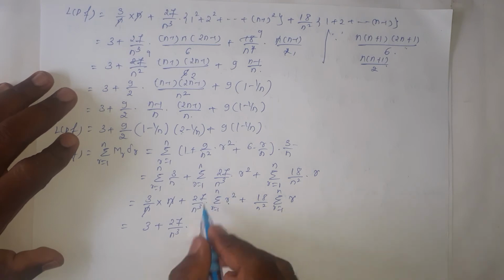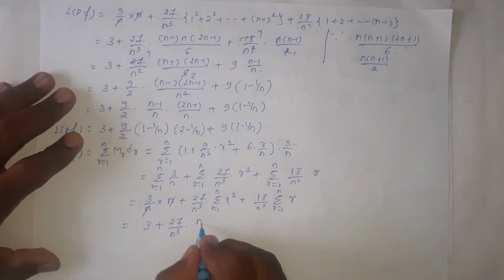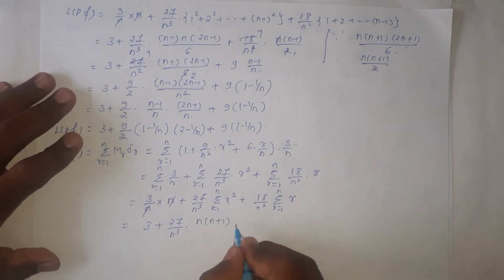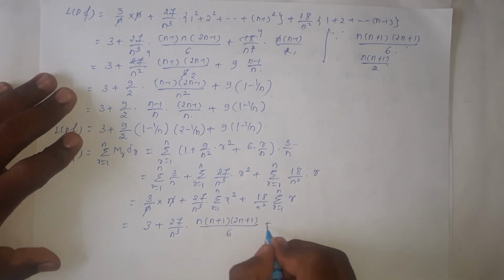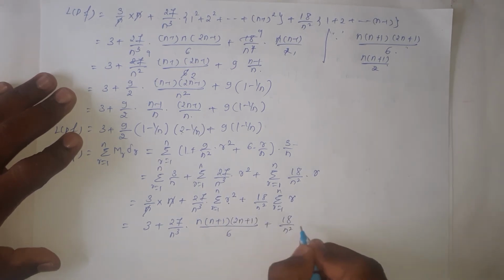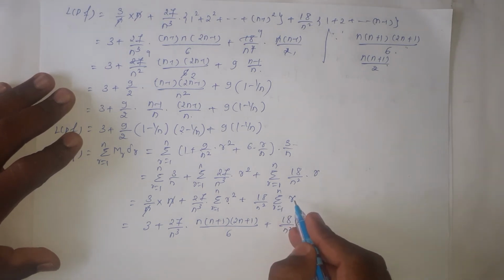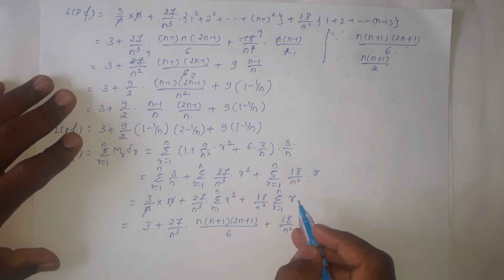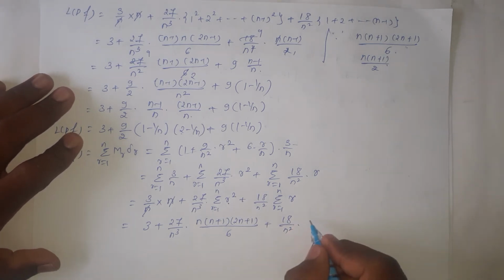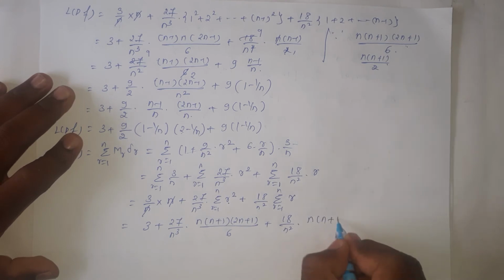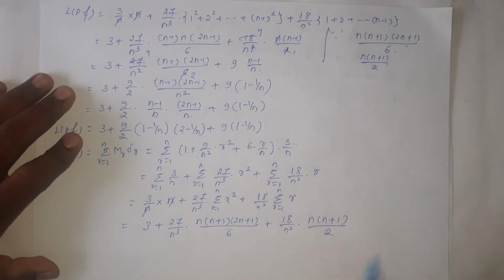So, therefore, this sum can be written as n into n plus 1 into 2n plus 1 divided by 6 and 18 by n square into, here summation over r is equal to 1 to n of r, that is nothing but the sum of first n natural numbers, and its sum is n into n plus 1 divided by 2.